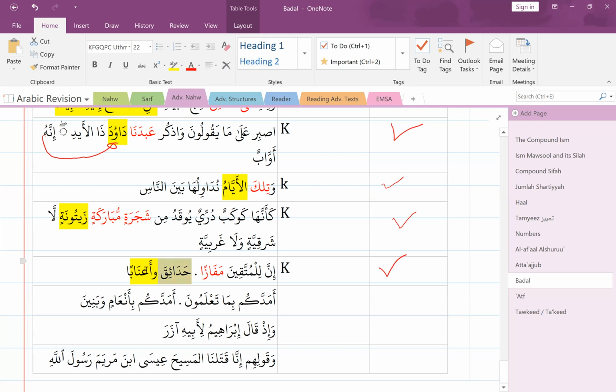If you look at it, maybe you look at it as badal al-ishtimal, not badal al-ba'd. But most likely, it's atuf bayan, because atuf bayan will give extra information about it. Like in the Quran, when Allah talks about something, He likes to explain what He means. For example, mafaz is very ambiguous.